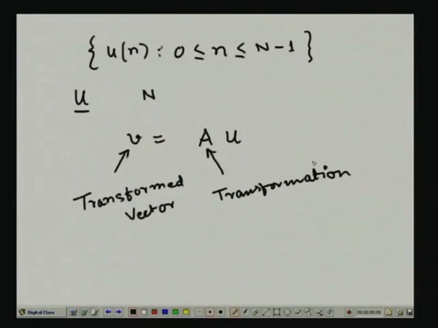By matrix equation, this is v equal to A times u. Now I expand this matrix equation.